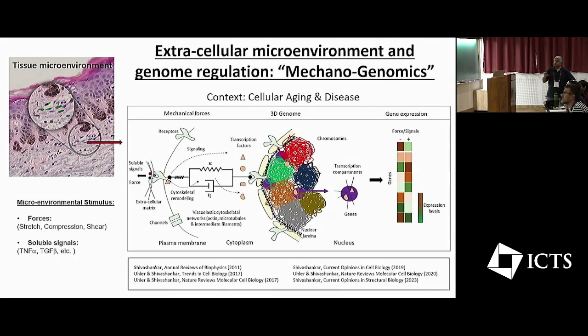So as all of you know, if I take a piece of tissue, every nucleus has very distinct shapes. It's not round, right? This is a picture of a tissue, and some nuclei are round, some are very stretched. The reason is that the extracellular microenvironment that cells see influences the entire cellular architecture, nuclear architecture, and the chromatin architecture.